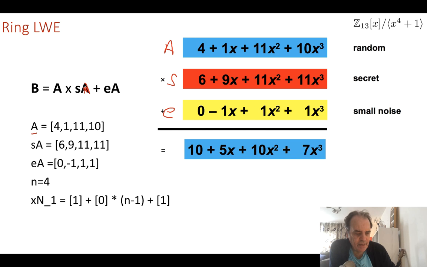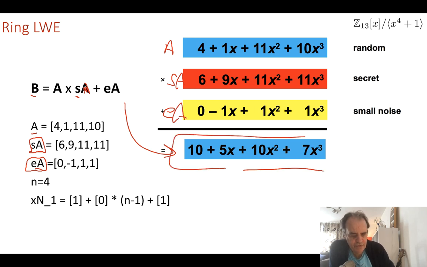So there is A, this is A times the secret value, and this is the error for A. We work out this value here, so A, SA, and EA gives us this result.